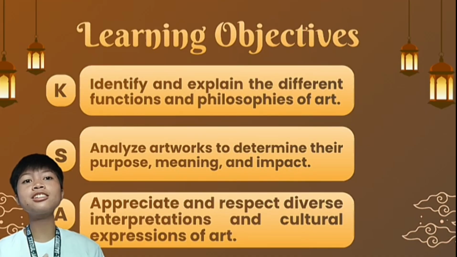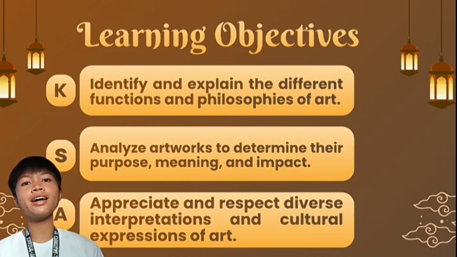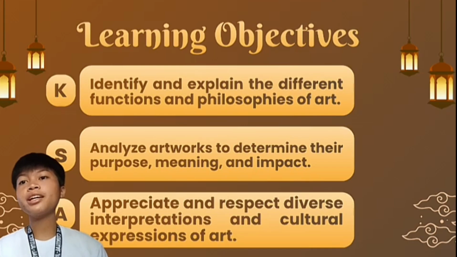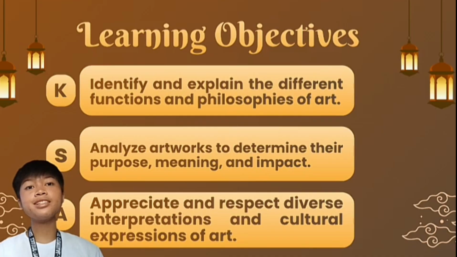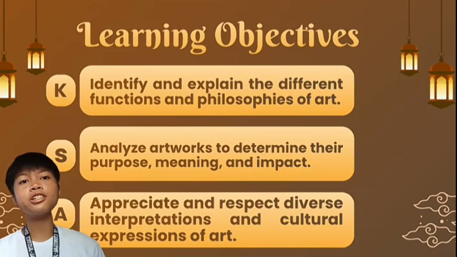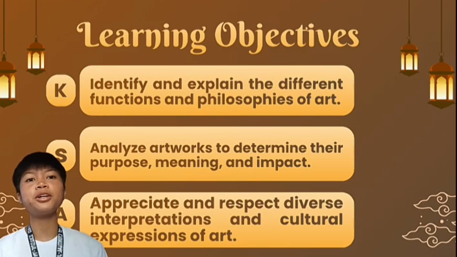It is not made just because it is made; every art has its distinction and function. For the attitude, we need to appreciate and respect diverse interpretations and cultural expressions of art. So, learn about the different cultures and how art relates to those specific areas, and many more.